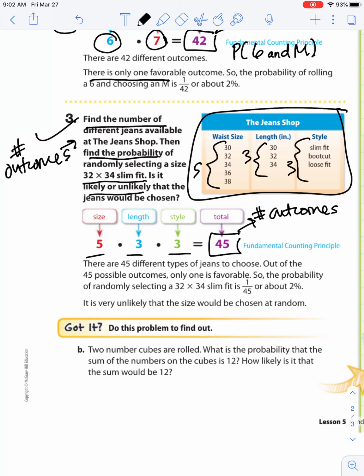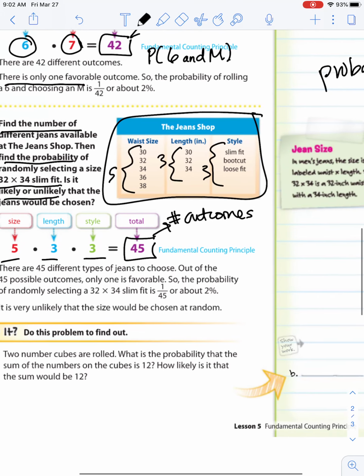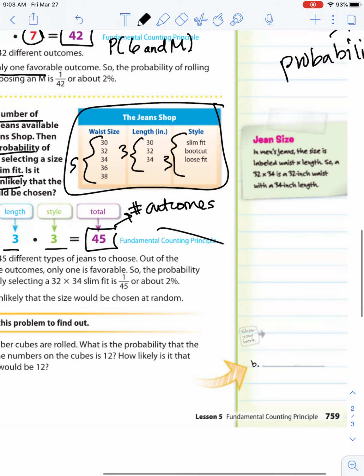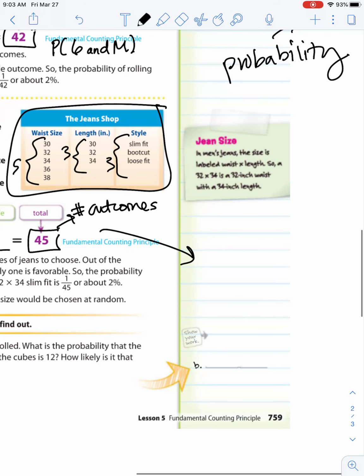So this part's done. Then it's asking us to find the probability of choosing a specific size. So for the size, it's going to be a waist size of 32. I'm going to work over here. So it wants us to find the probability of choosing a 32 by 34 slim.